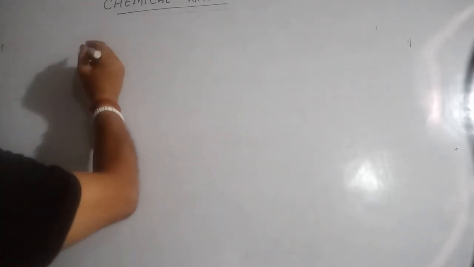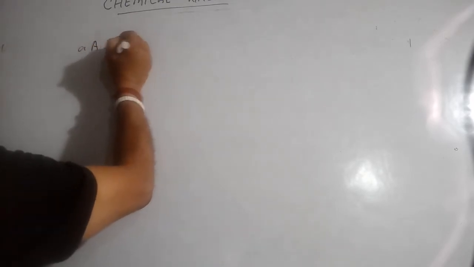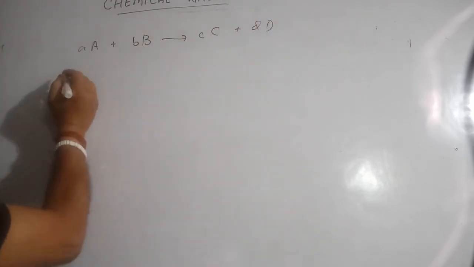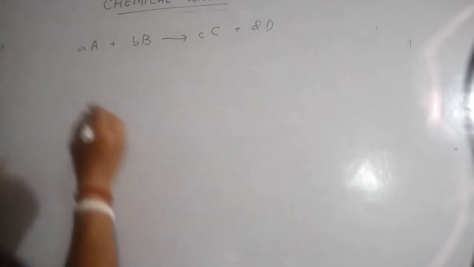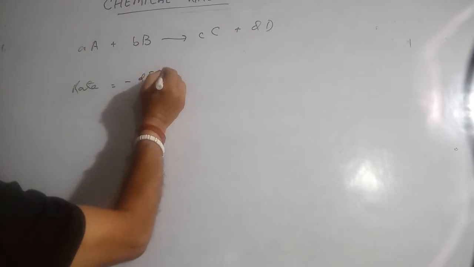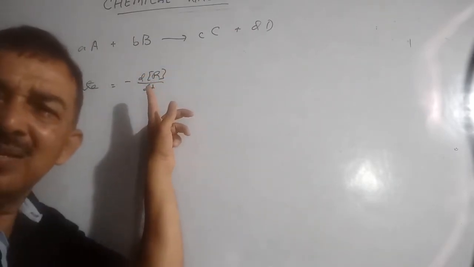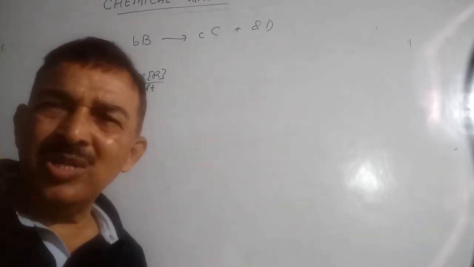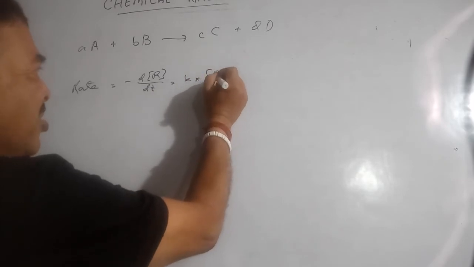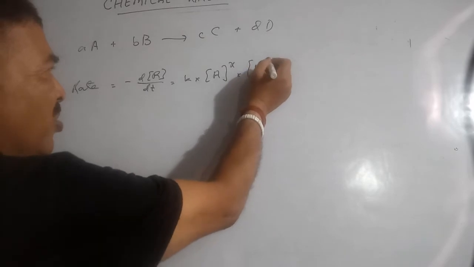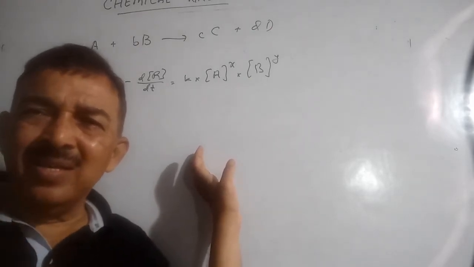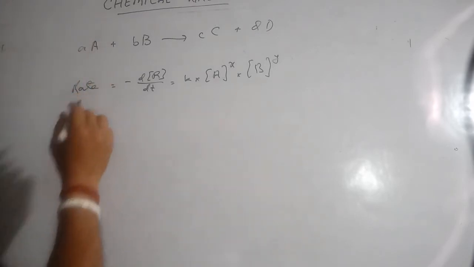Take the hypothetical reaction A plus B gives C plus D. Then the reaction rate is equal to minus del R by del T, where R is the reactant and del R is a very small change in the concentration of the reactant R, is equal to K into molar concentration of A to the power X into molar concentration of B to the power Y. This form of equation is called the rate equation. Is it clear to you?